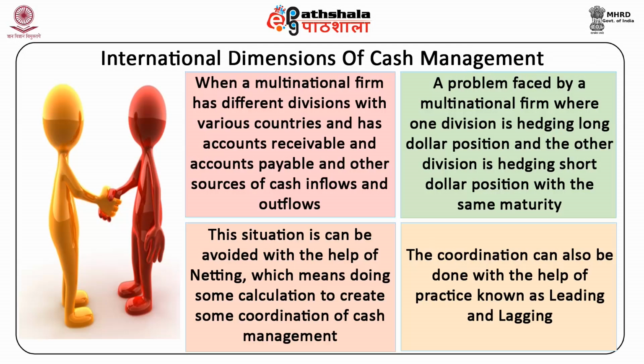Every multinational company has an option either to manage its own and its subsidiaries' cash, or let every subsidiary manage the cash inflows and outflows on its own. The methods of cash management are centralized and decentralized cash management. We will discuss here centralized cash management.